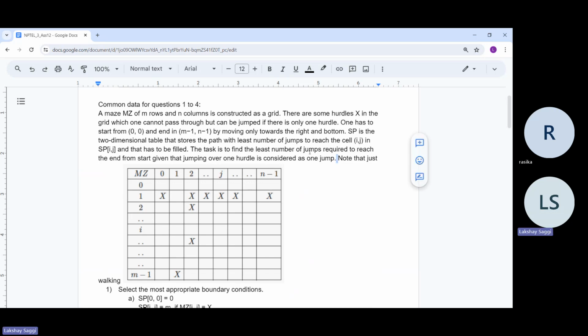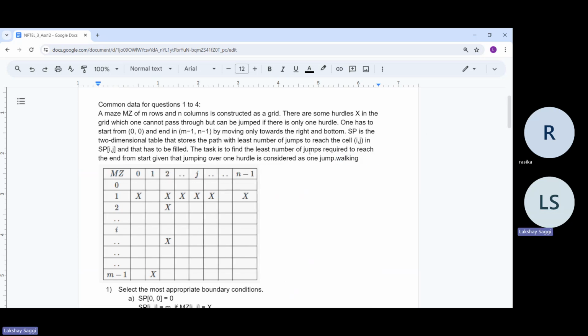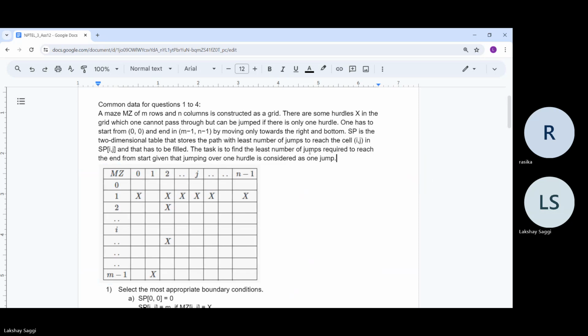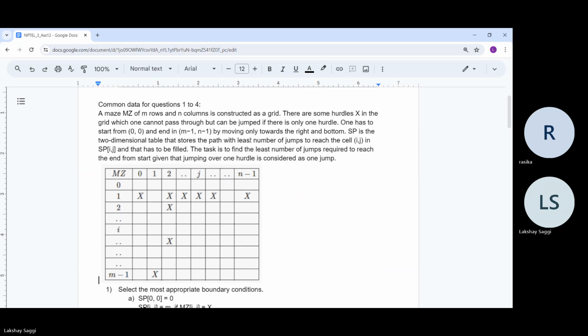So yeah, I hope the question makes a bit more sense now. What I've done is just make the question a bit more explicit that we are just counting the number of jumps and not the steps.